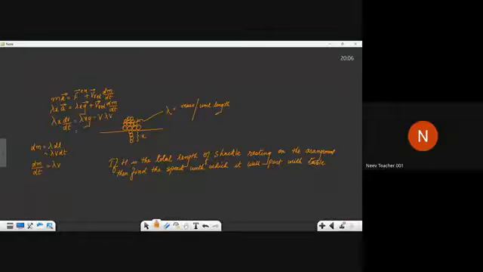So what do we get from here? Lambda x dv by dt is equal to lambda xg minus lambda v square.